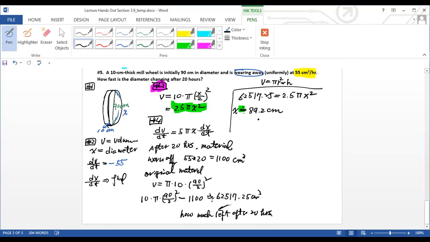So finally, the dx/dt. Let's put it into the formula.